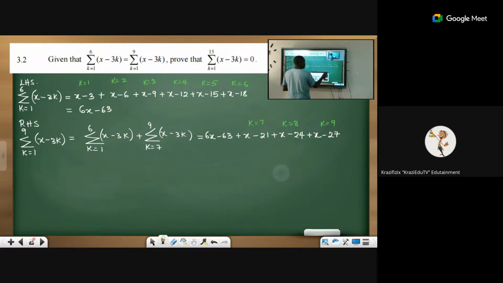So what would this give us? 6, 7, 8, 9x. Do you want to help me with that? 63 and 27 would give us 90. Then you have 45. 90 and 45 should give us 135. Am I right there? Yes, 90 and 45 give us 135. Minus 135.